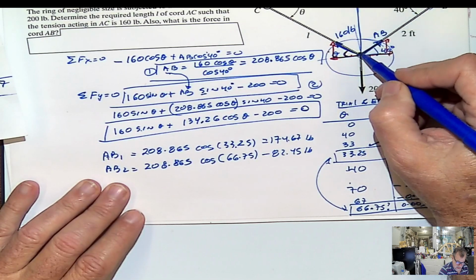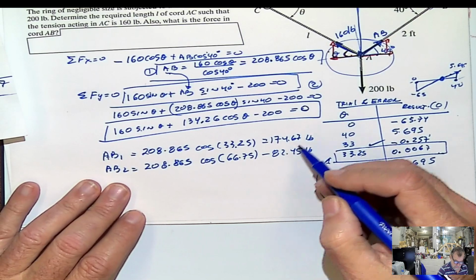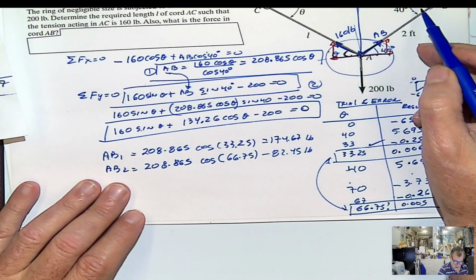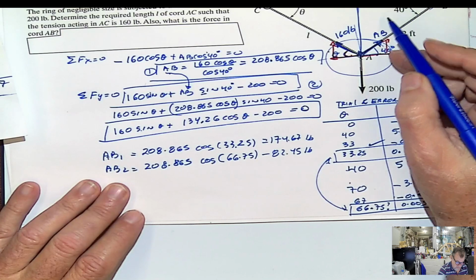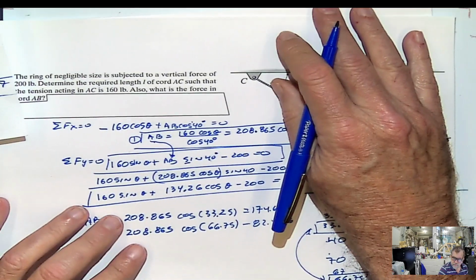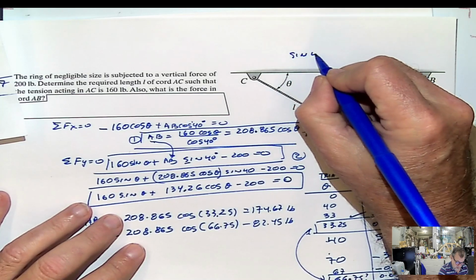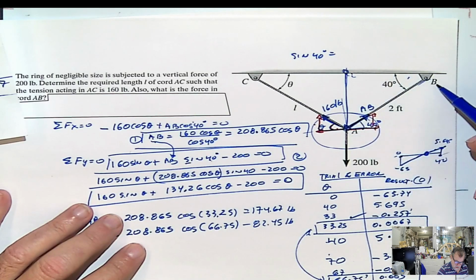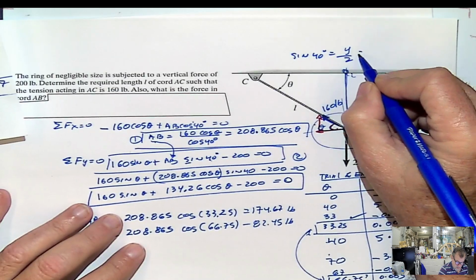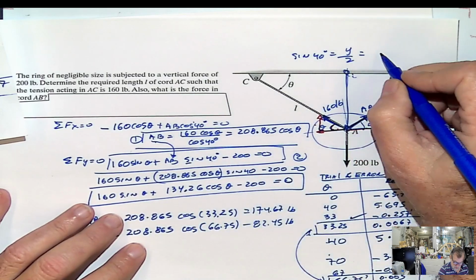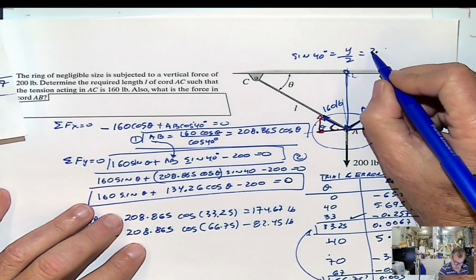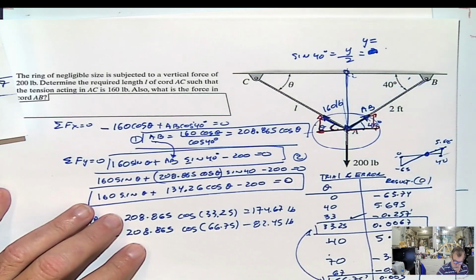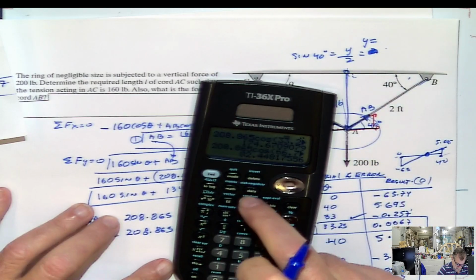So if I say tangent 40 or sine 40 here, I can say sine 40 degrees is y divided by 2. That means y is going to be equal to 2 times sine 40.